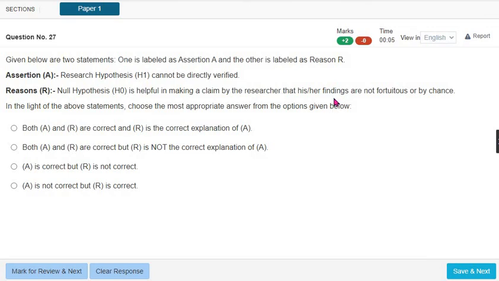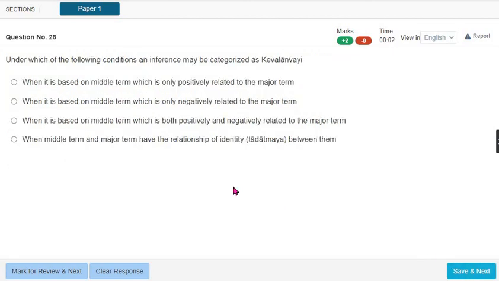Given below are two statements: one is labeled Assertion A and the other is labeled Reason R. Which of the following conditions and inferences may be categorized as Kelvin-Levy?